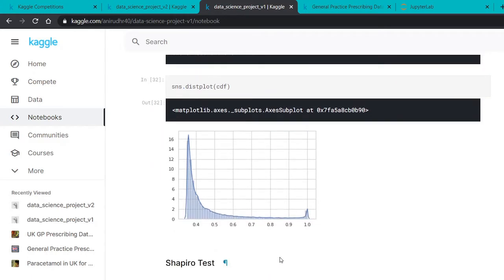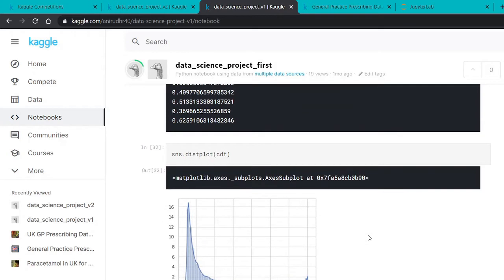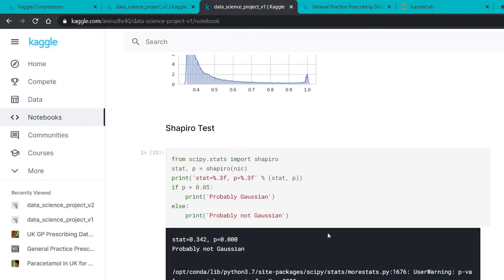Then we're going to do some advanced analysis on these attributes, like whether they're Gaussian curves or not, whether they're normal, or how close they are to being Gaussian curves. There's something known as the Shapiro test. We performed the Shapiro test on NIC.